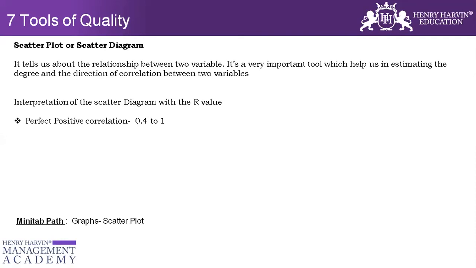What is negative correlation? In negative correlation, when one variable increases, another decreases, which means they are working in opposite directions. So for example, weather and sale of a jacket. If the temperature increases, my sale of jackets decreases.